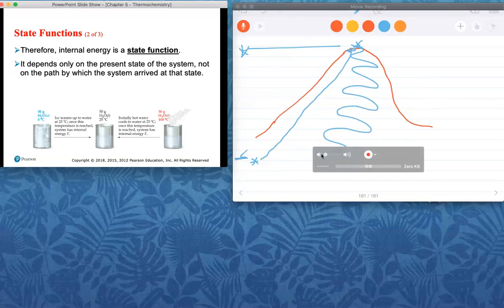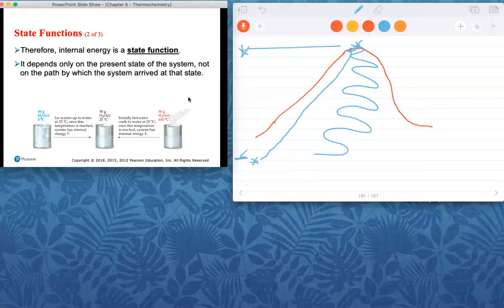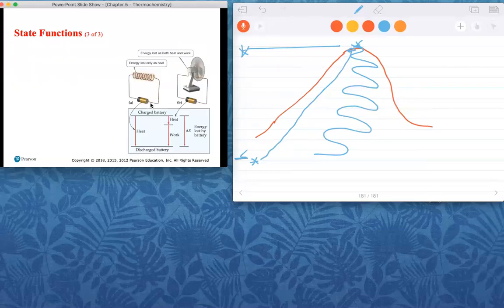It does not depend on the path taken. It can be straight, it can be zigzag, but the elevation is a state function. Internal energy in a similar way is a state function. It only depends on initial and final, but not the path taken to get there.